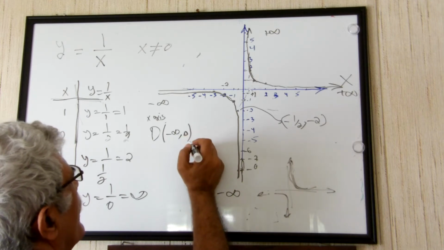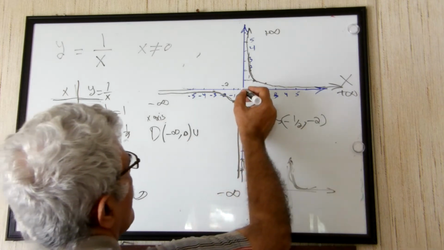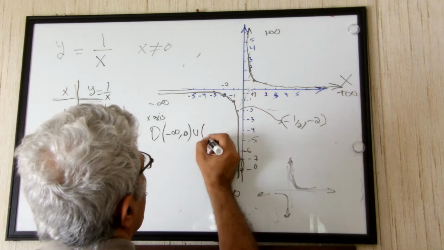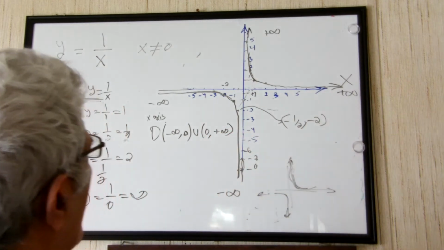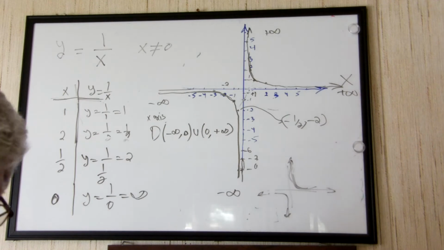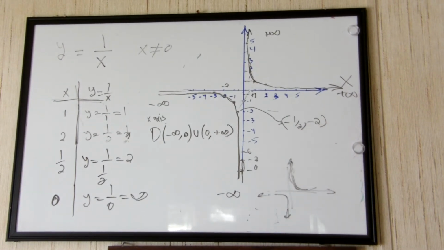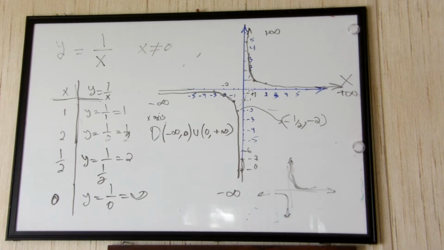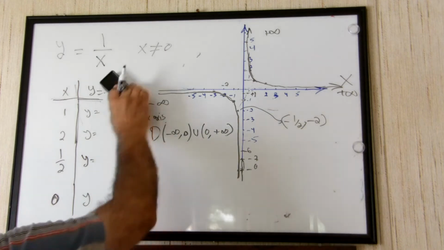We use parentheses here, and the union of, and then start from 0 and go to plus infinity. This is the domain, all the x values that it can take. So let's solve another example.